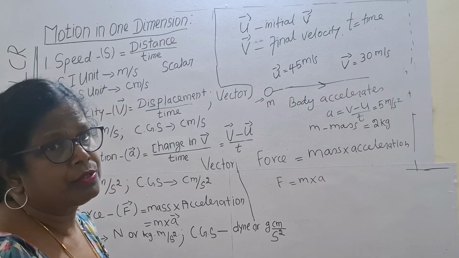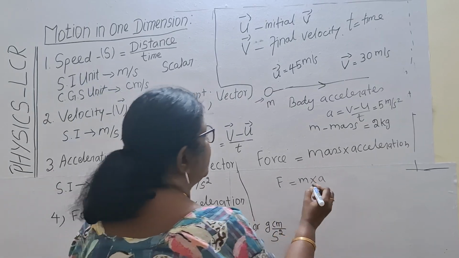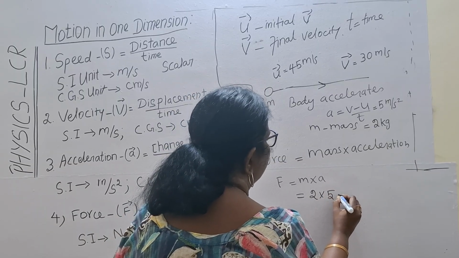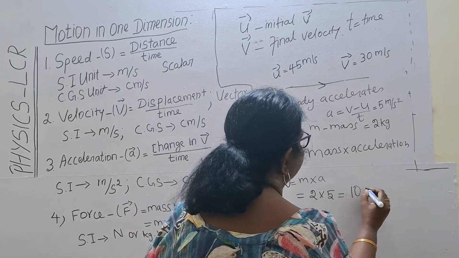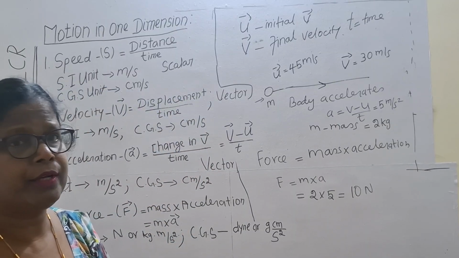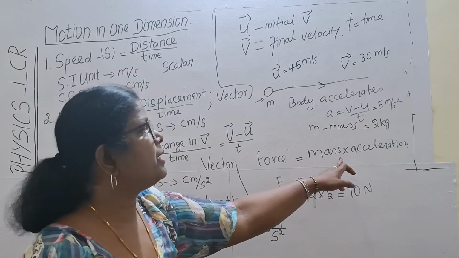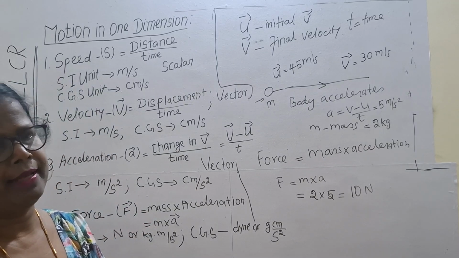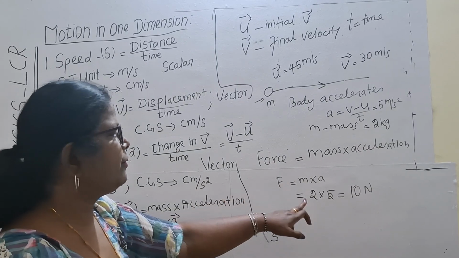What is the force? Mass is 2, acceleration is 5, 2 into 5. How much force you applied? 10 Newton force you applied. Force is the product of mass into acceleration. That will be the force.